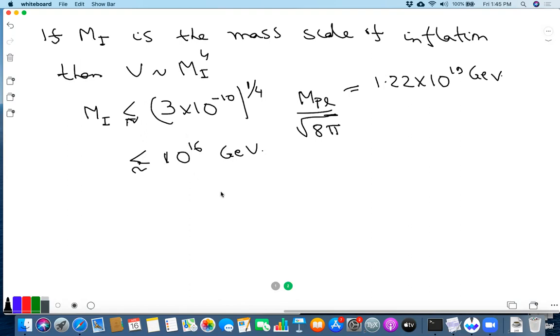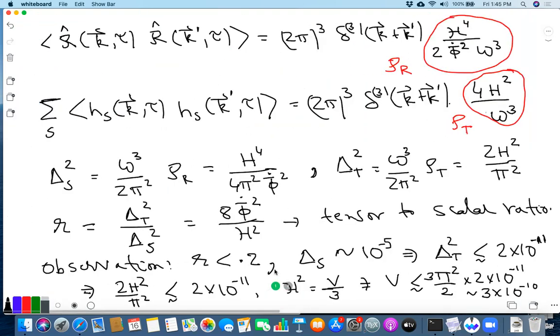Is this sensitive to the kind of potential we take? No, so far we have not really said anything about the kind of potential. This is just Einstein's equation: H squared is 8 pi G over 3 times the energy density.